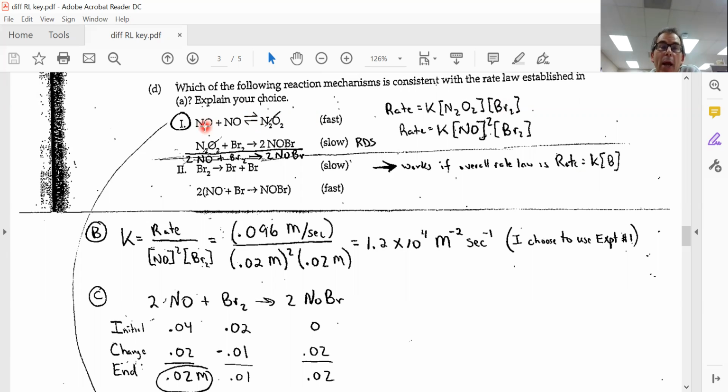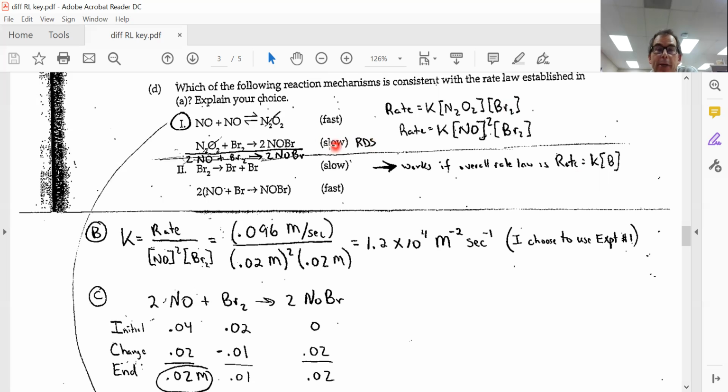And I can say, oh, NO and NO combine to form N2O2, or that would be a coefficient of 2 NO, so it would be NO squared, I substituted for N2O2. Now this becomes that rate law right there, which does match our overall rate law for this reaction.